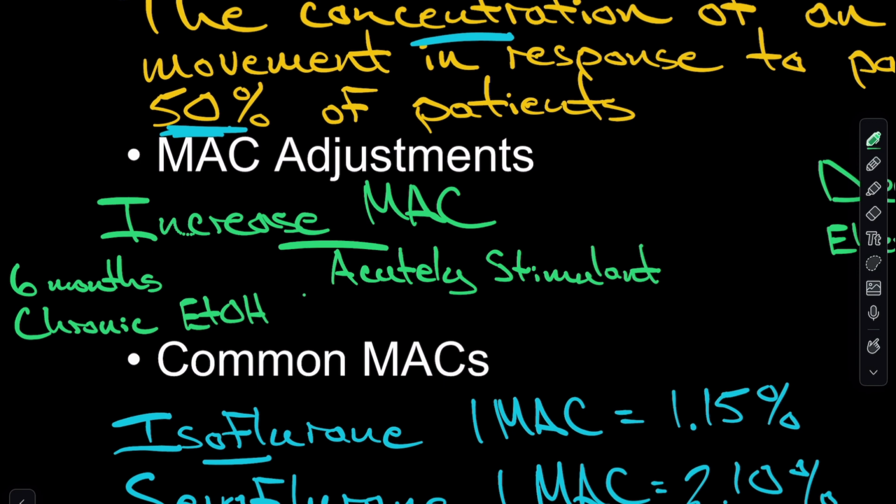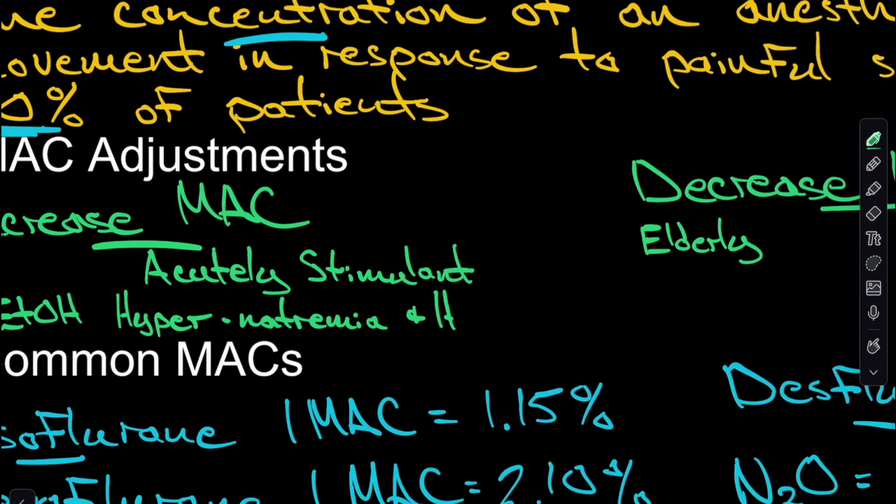And then physiologically, two things that I'll touch on. Hypernatremia and hyperthermia are both going to increase your MAC value.